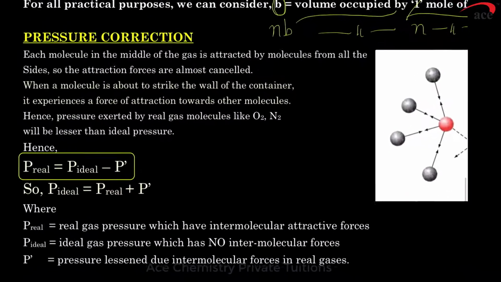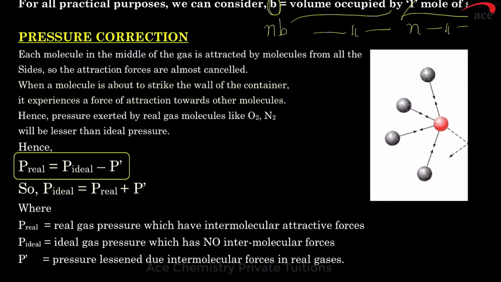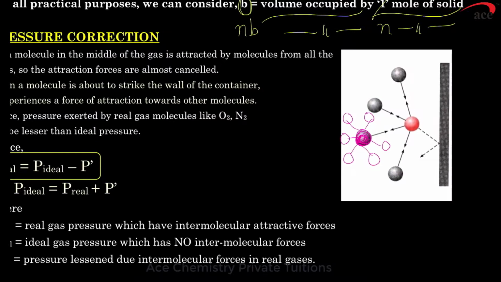To understand the pressure correction, if you consider any molecule like this molecule, can I say this molecule will have intermolecular forces from all the sides, and they will cancel each other, and such a molecule will have free movement? But a molecule which is closer to the wall has intermolecular forces which are unbalanced.